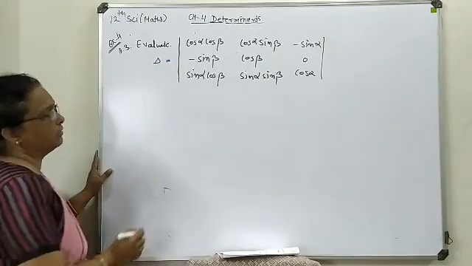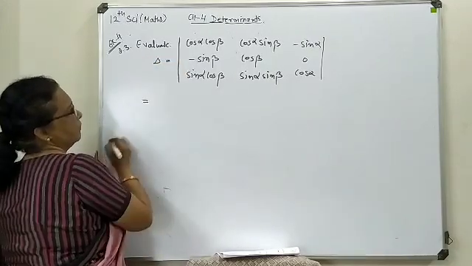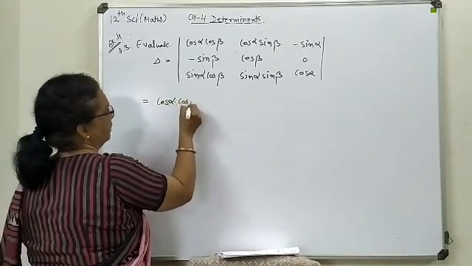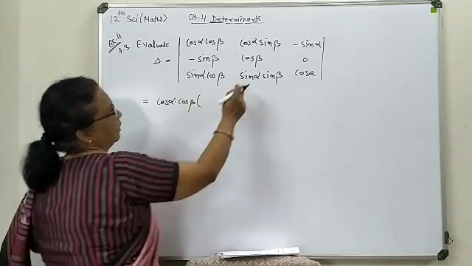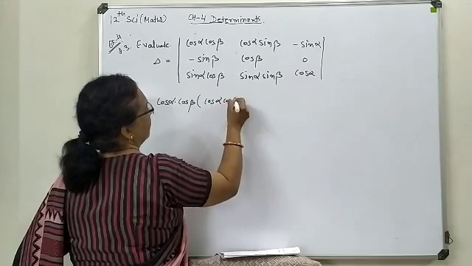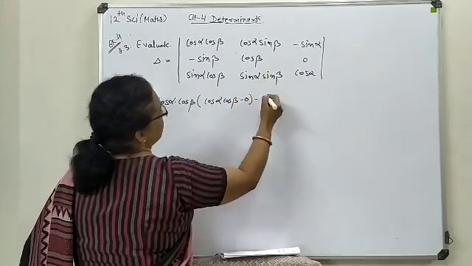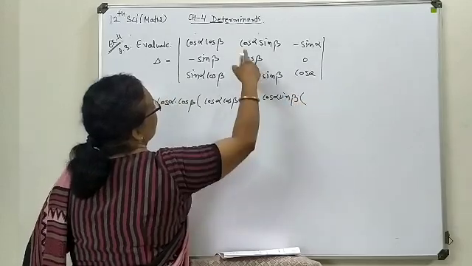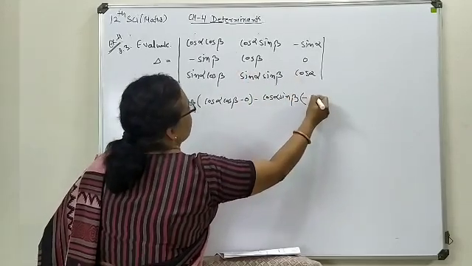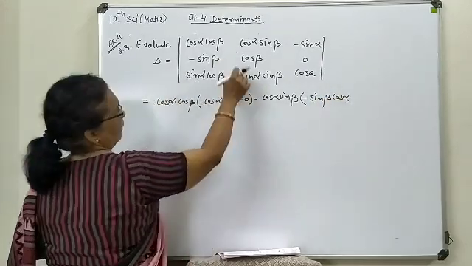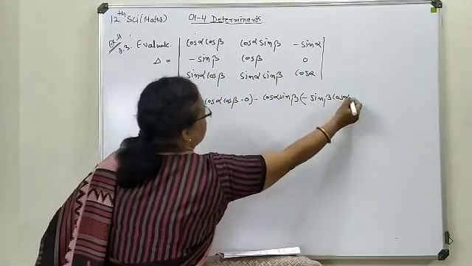So we start direct expansion with respect to the first row, cos of alpha cos of beta. These two will multiply: cos of alpha cos of beta, this will be 0 minus cos alpha sine beta, this will be minus sine of beta cos of alpha, again this turns to 0.